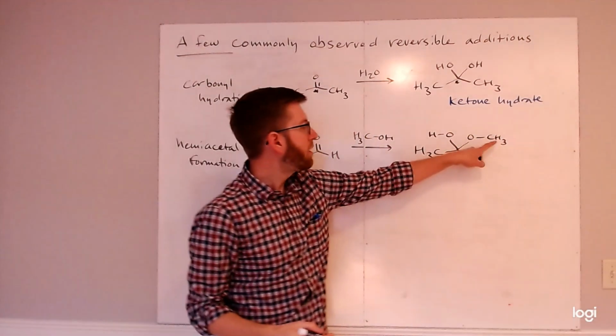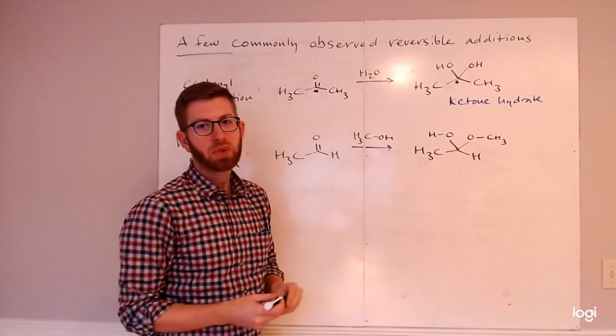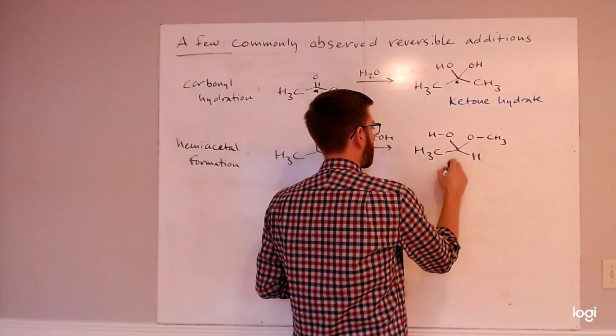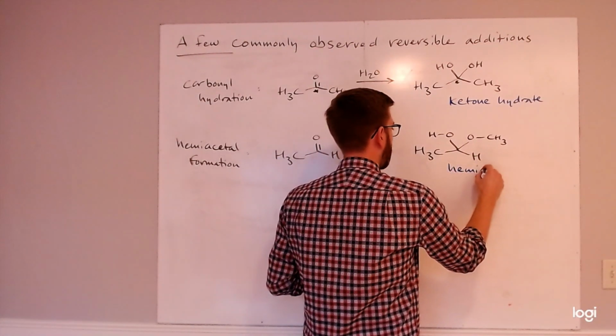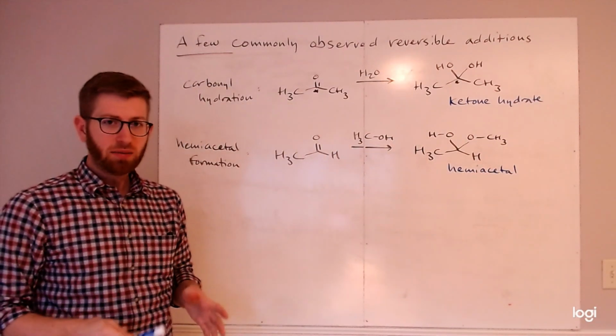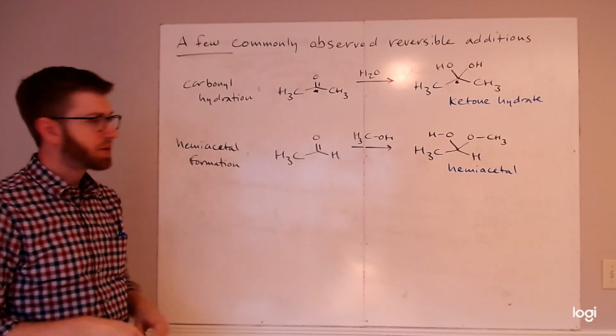Essentially it's an ether that has a carbon also involved in an alcohol. So this is called a hemiacetal. Not hemiacetyl. Remember, acetyl groups are different. Those are the things that we're transferring around in SNAc reactions.